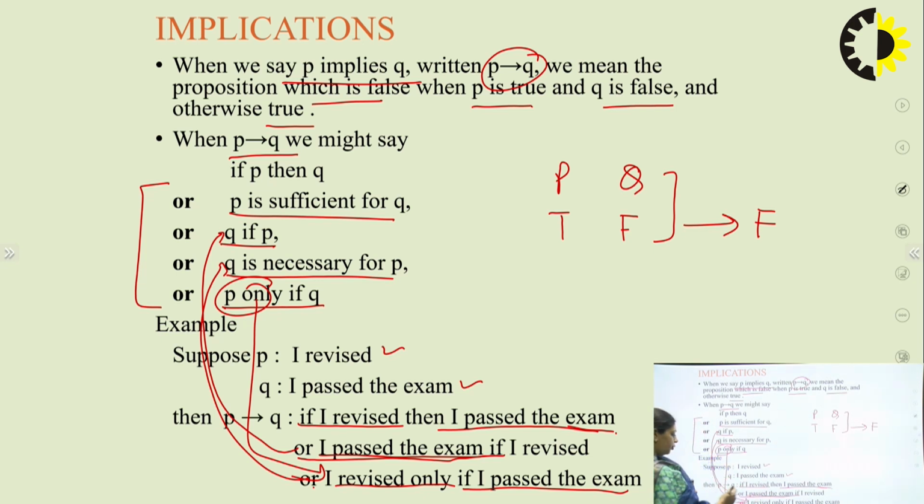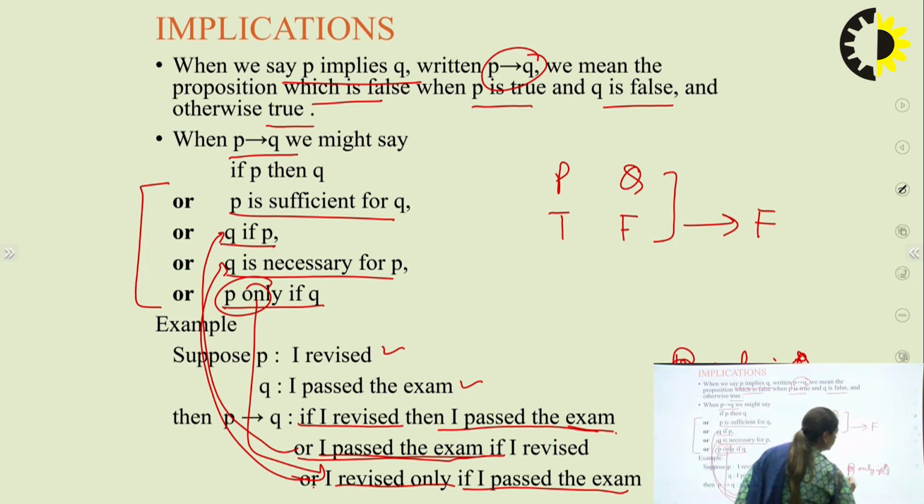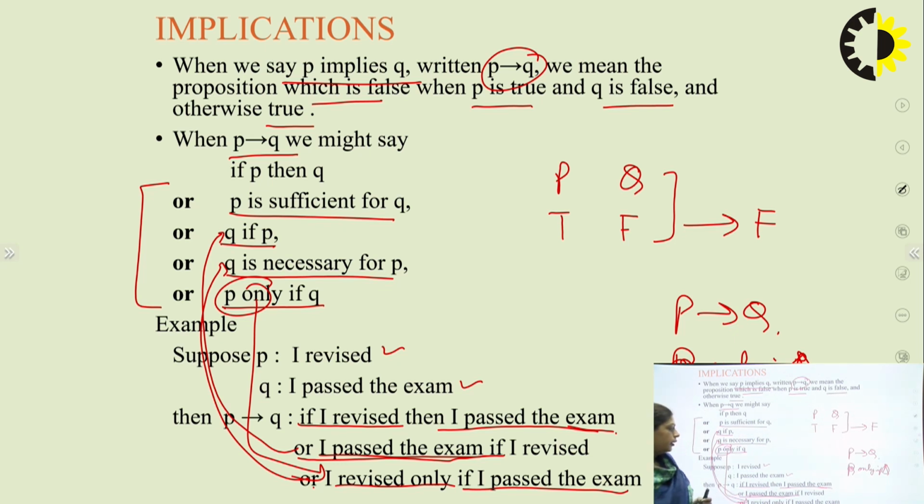Here, Q only if P, right? This one. Or, sorry, P only if Q, right? Or P implies Q, right? If P, then Q. All these are the same, right?